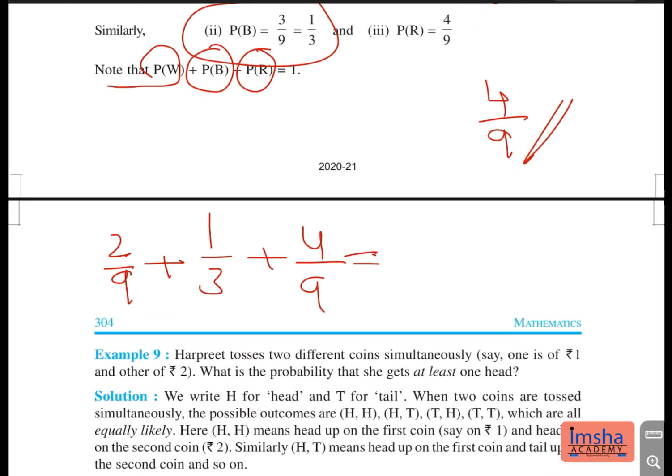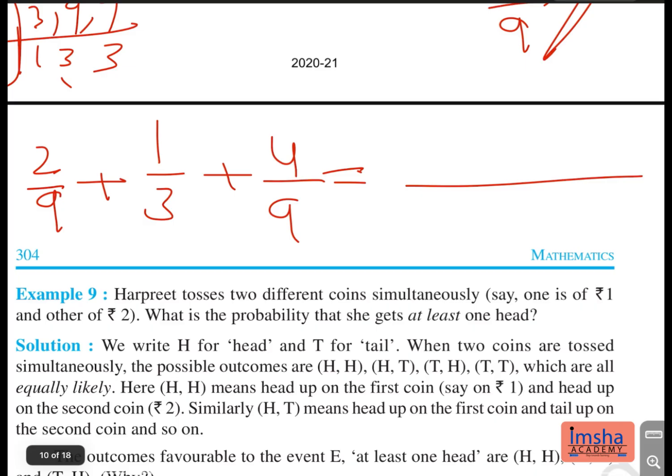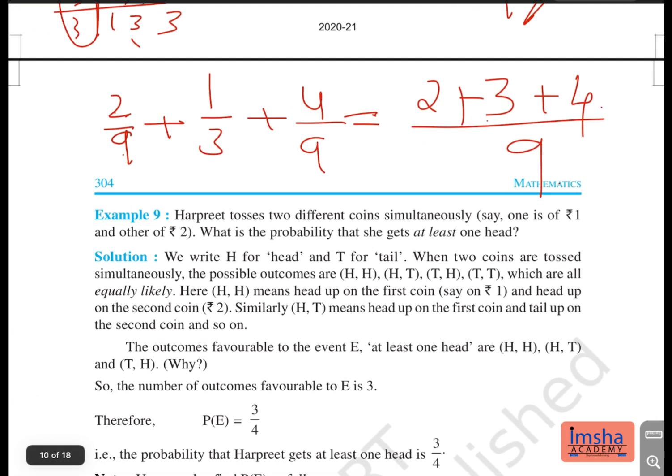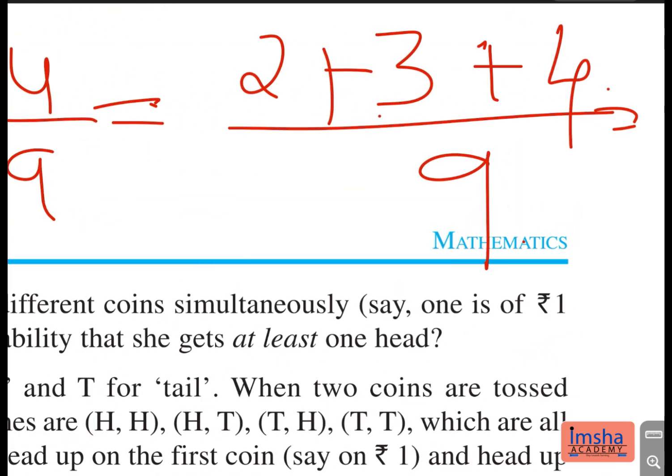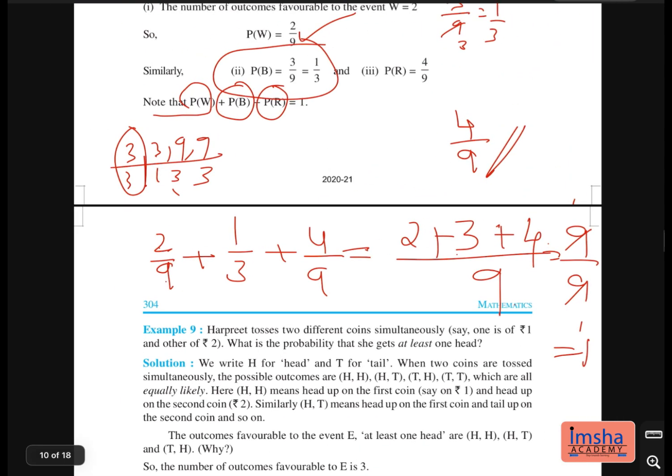The LCM of 3 and 9 will be 9. So 9 ones are 9. 2 ones are 2, plus 3 threes are 9, 1 three is 3, plus 4. That is 2 plus 3 is 5, plus 4 is 9. 9 by 9, that is 1. The probability is 1. I hope it is clear to you.